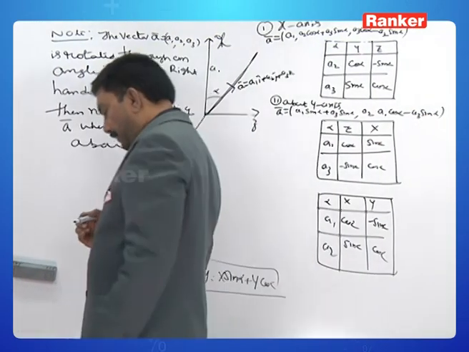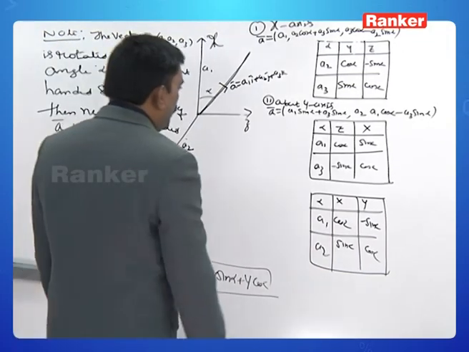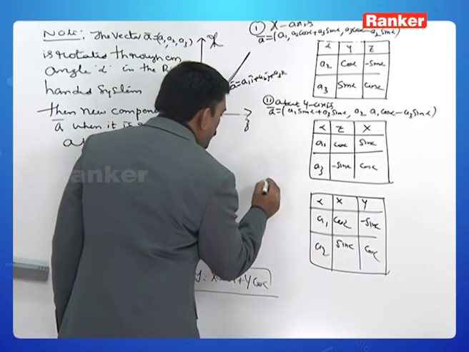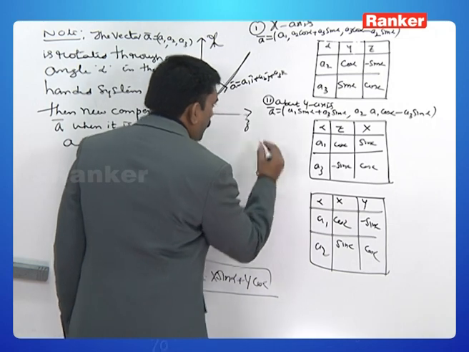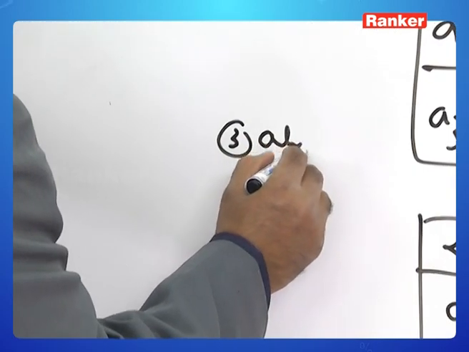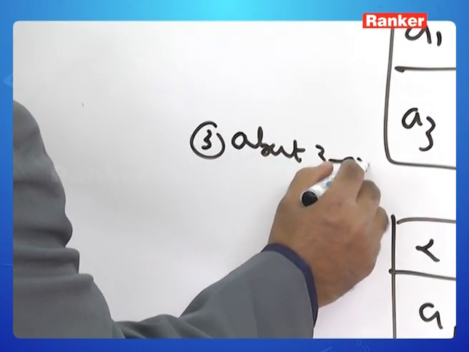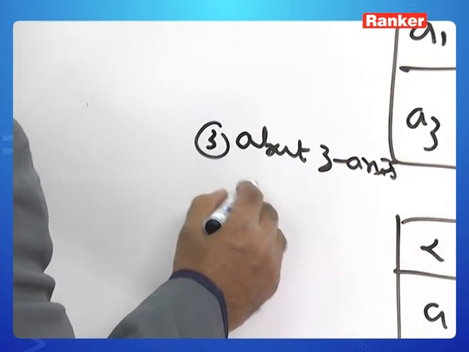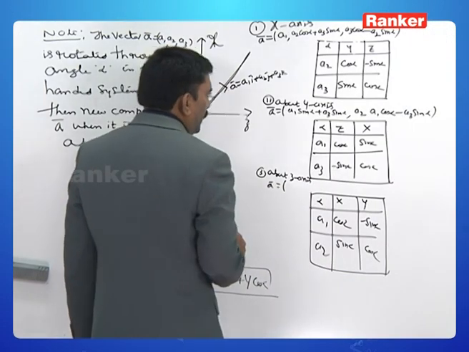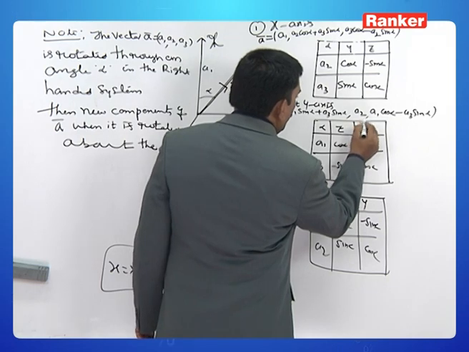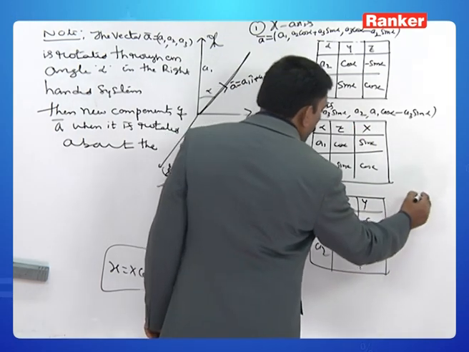Now the third one is about the z-axis. A bar is equal to, here the z component won't change.